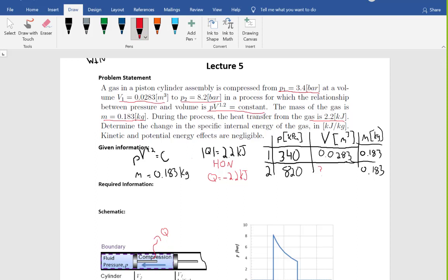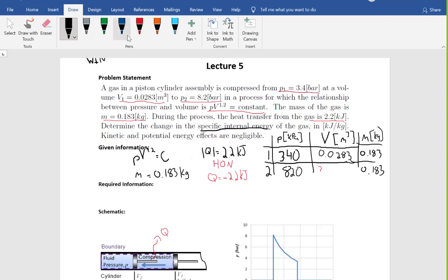So I think for now, we've got all of the given information, right? If we find out as we go through the problem that we're missing something, we can always go back to the statement and look to see if we missed anything. But I think we've got it all. Now, it asks us to find the change in the specific internal energy, right?